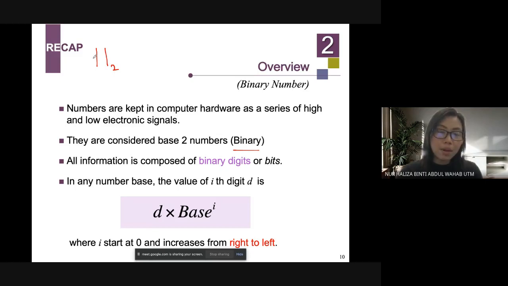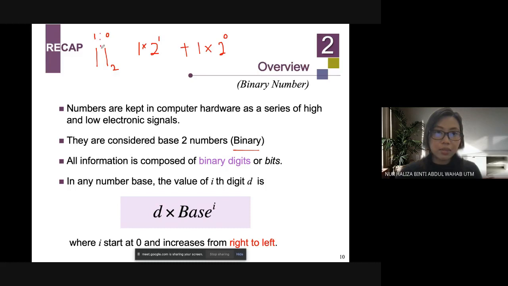But what happens over here is this is the power of 0, this is the power of 1, and I'm going to multiply it. So I start from the right: 1 times 2 to the power of 1, plus, because I have another 1, 1 times 2 to the power of 0.